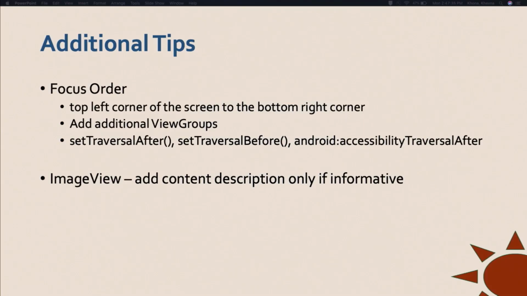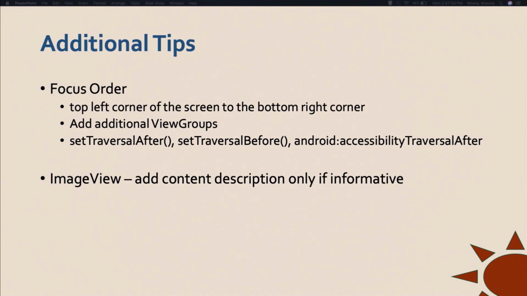Some of the additional tips that I have learned so far while implementing accessibility: focus order has always been a pain. It is very tough when you have a lot of fragments, a lot of dialogues popping up, and you want to maintain the way your focus should go.